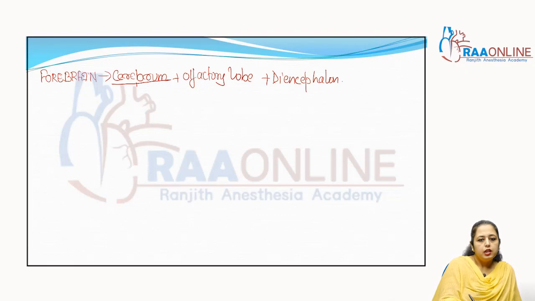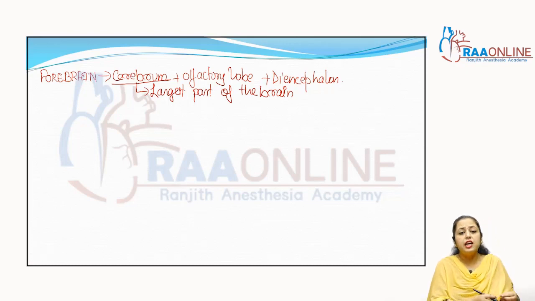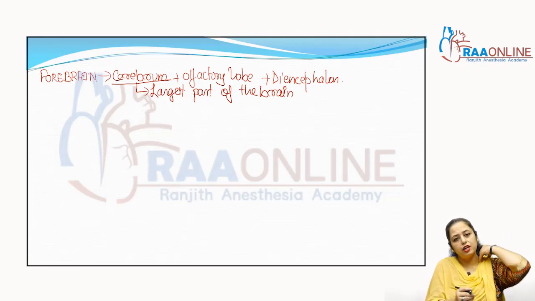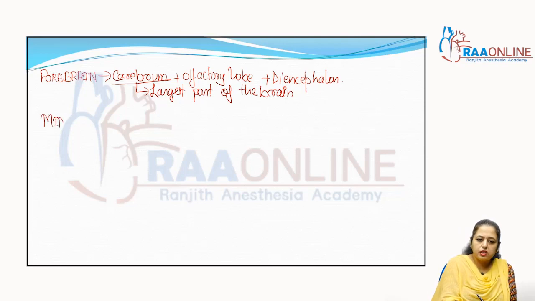The cerebrum is the largest part of the brain, responsible for various kinds of activities. Our thinking and all kinds of learning patterns are related with the cerebrum of the forebrain.